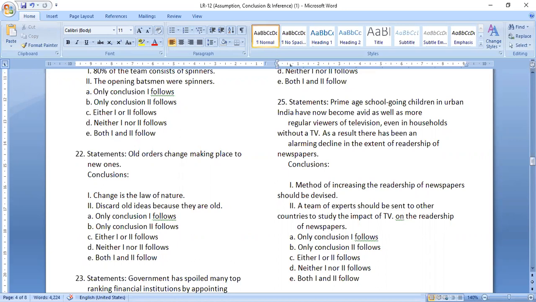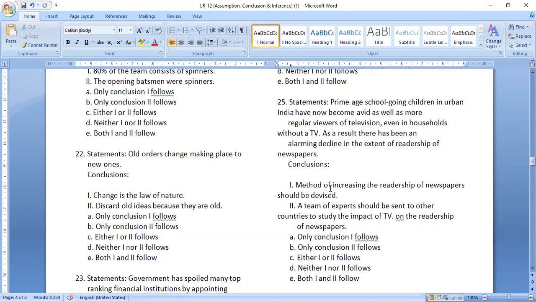Like I told you, for conclusions, read the statement and use the adverb "therefore," and then read the other part of the statement and see if it fits. So let's just do it. Primary school-going children in urban areas have now become avid viewers of television, even in households without TV. As a result, there has been an alarming decline in the extent of readership of newspapers.